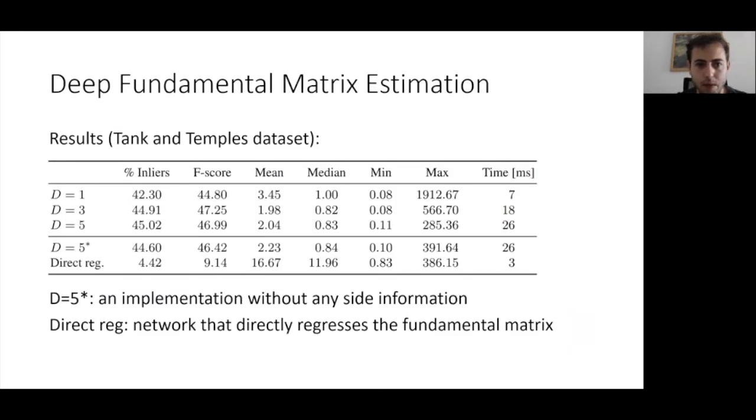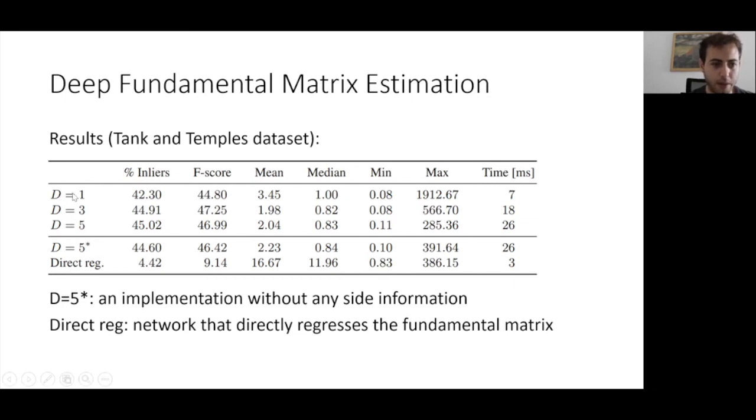Okay, so results. Let's see how much time we have. Okay, we have time. So they compared here the number of iteratively re-weighted updates. What they measure here is a bit complicated. The idea is that we want to have more inliers, but we want them to be more accurate. So if we have a lot of inliers with a low error, we are happy.